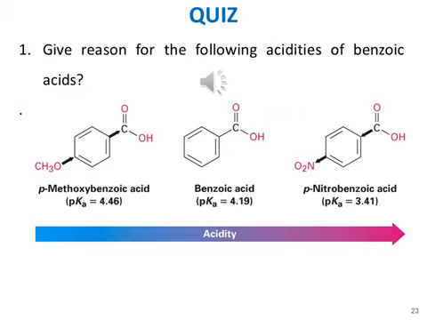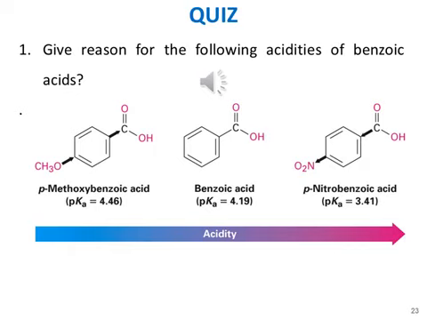You have to give the reason why the pKa value of para-methoxybenzoic acid is 4.46, whereas for benzoic acid the pKa value is 4.19, and for para-nitrobenzoic acid the pKa value is 3.41. So you may say that para-nitrobenzoic acid is the strongest acid among these three benzoic acid derivatives.